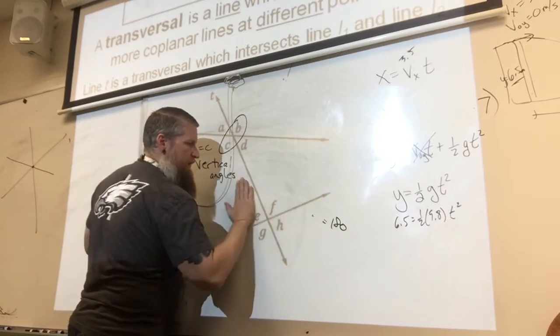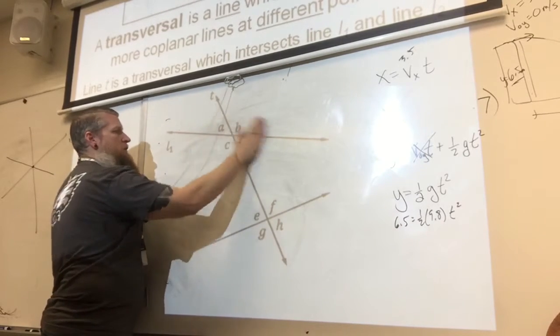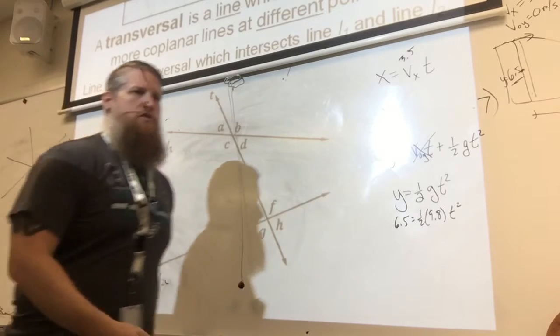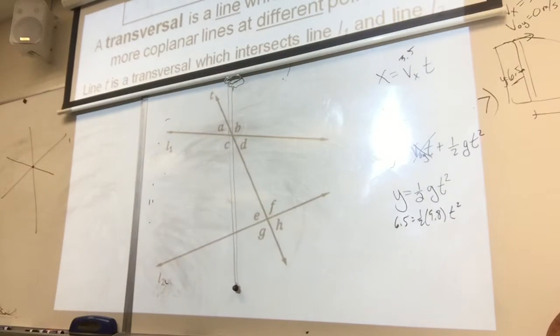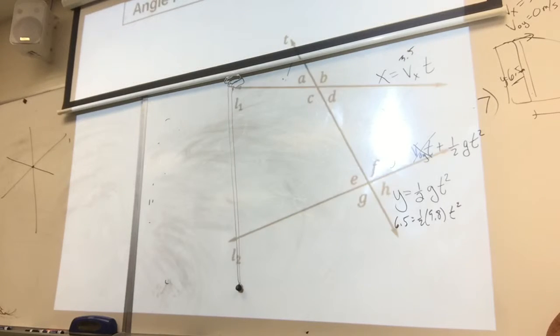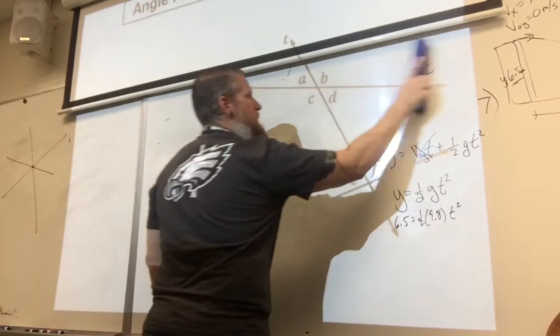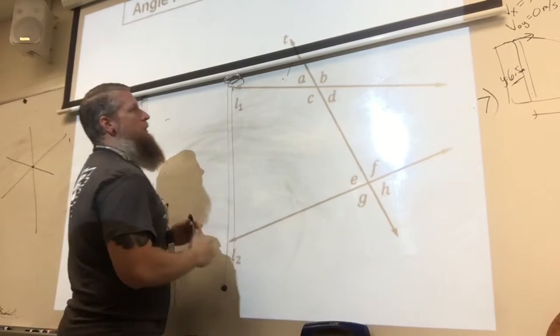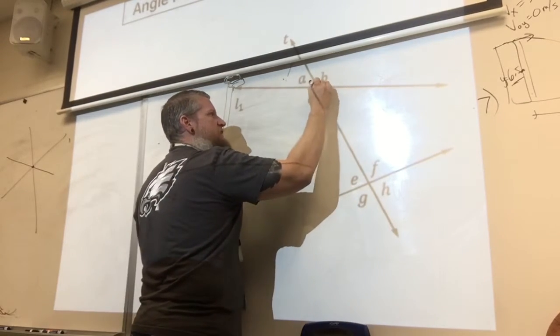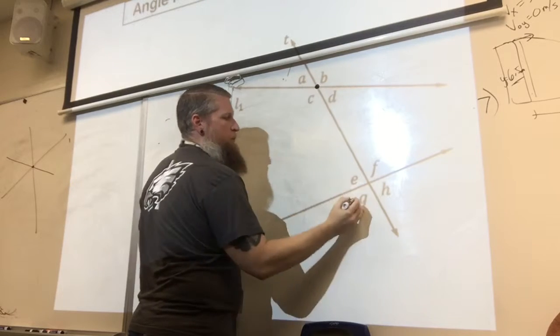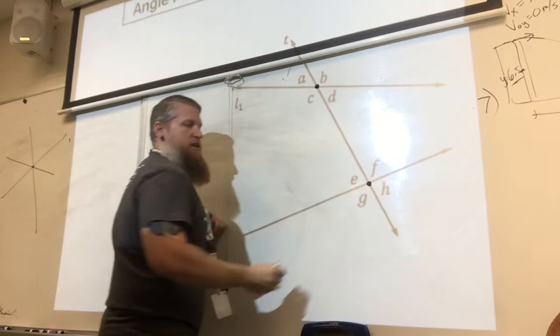Now, the new ones: there are four names, or four classifications, that you're going to have for the other angle pairs. I'll write them out. The other angle pairs are ones where you take an angle at this intersection point and pair it up with one at that intersection point.